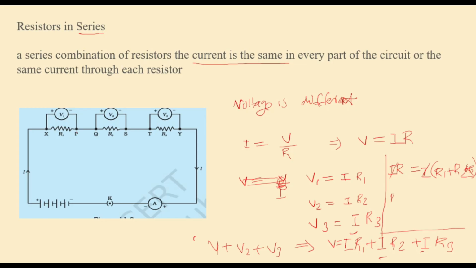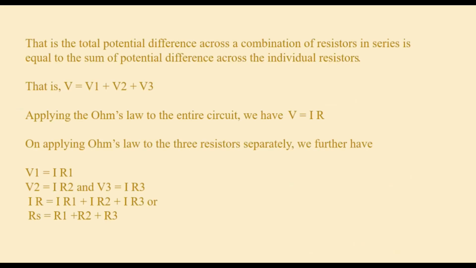R is equal to R1 plus R2 plus R3. The effective resistance of series resistors is R is equal to R1 plus R2 plus R3. So these equations are here.